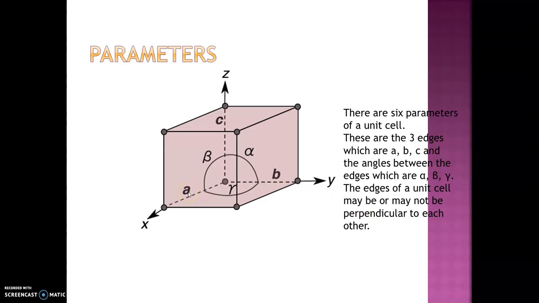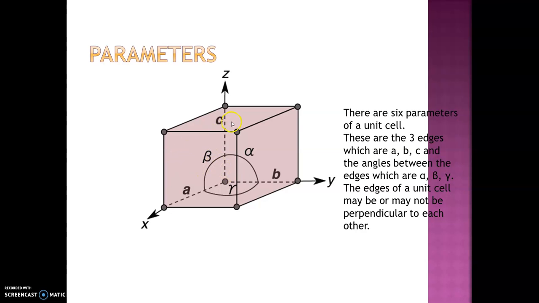Here you can see the edges: A, B, C. Along the x-axis, the edge is A. Along the y-axis, the edge is B. Along the z-axis, the edge is C. These are the three edges of a unit cell. This is a small view of a unit cell.